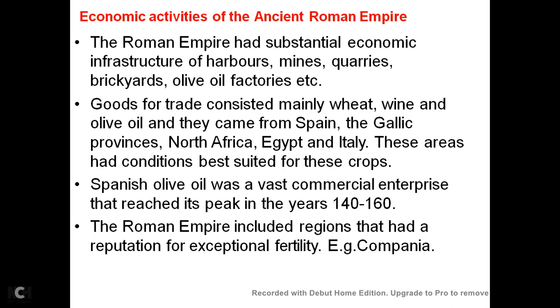The success of the Spanish olive growers was then repeated by North African producers. Olive estates in this part of the empire dominated production through most of the 3rd and the 4th century.